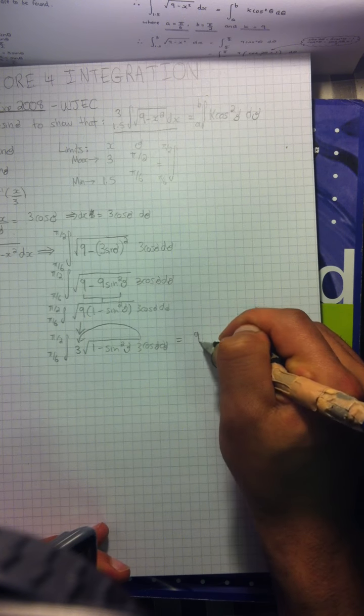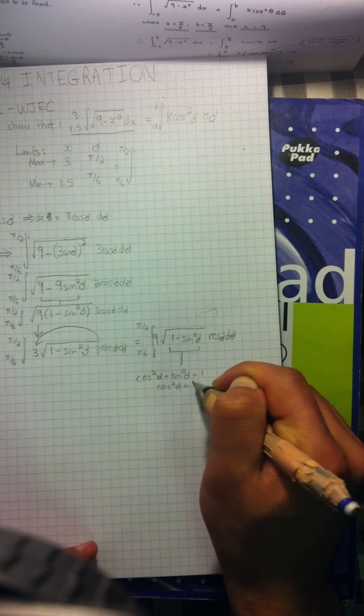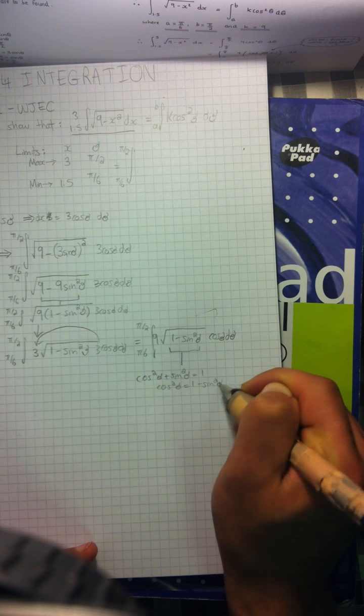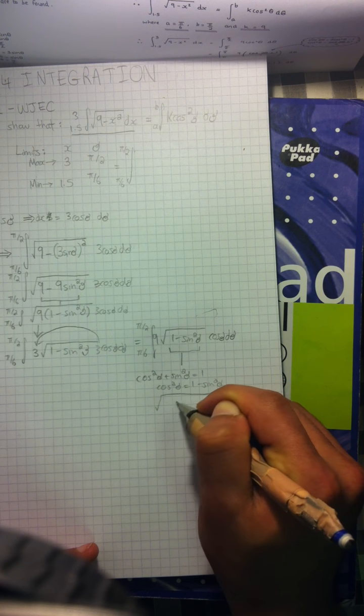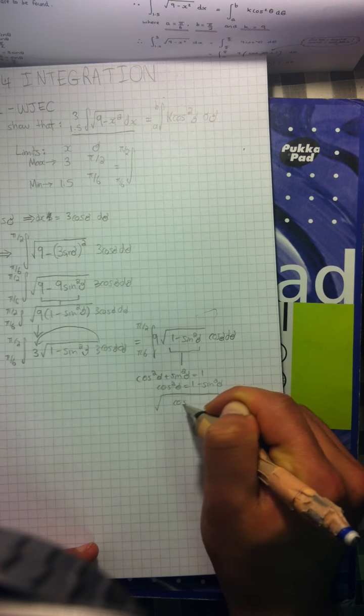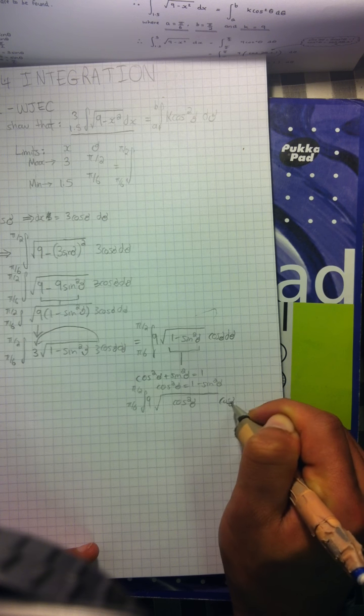So now I know that 1 minus sine squared theta, using the equation cos squared theta plus sine squared theta equals 1, rearranging that, I know that cos squared theta equals 1 minus sine squared theta. So that means that this is the same as square root of cos squared theta, 9, pi over 2, pi over 6, cos theta.